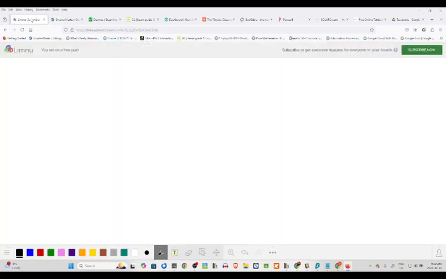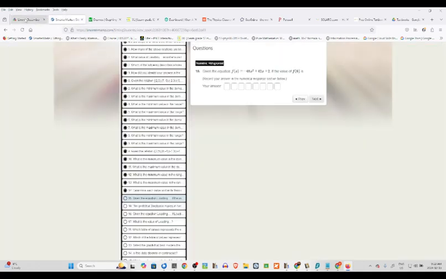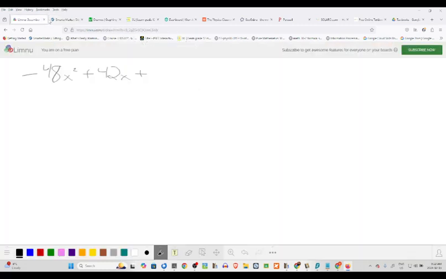So we have a -48x squared plus a 42x plus 2. Sorry, I didn't mean to put that extra horizontal line there. Okay, so we have a -48 times 6 squared plus 42 times 6 plus 2.